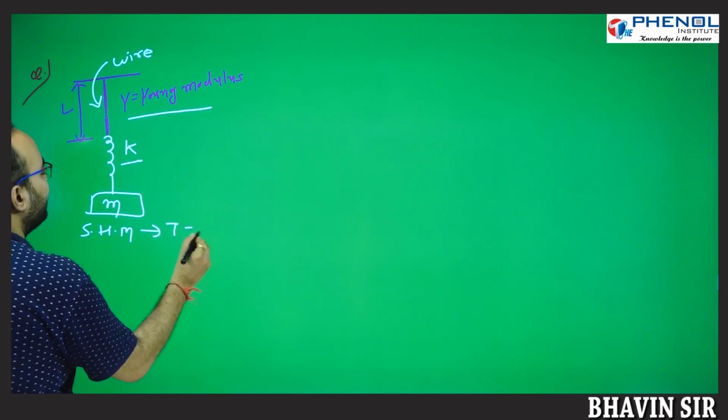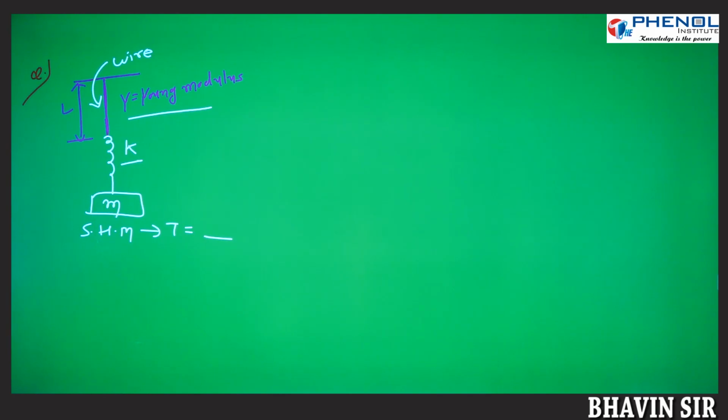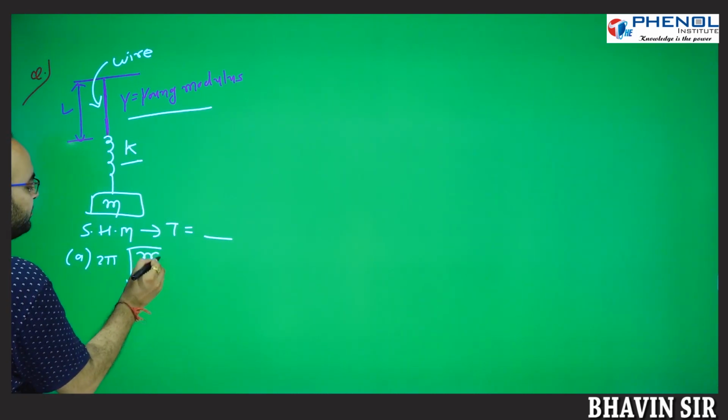So we want to find its time period. And the cross-sectional area of wire is A.